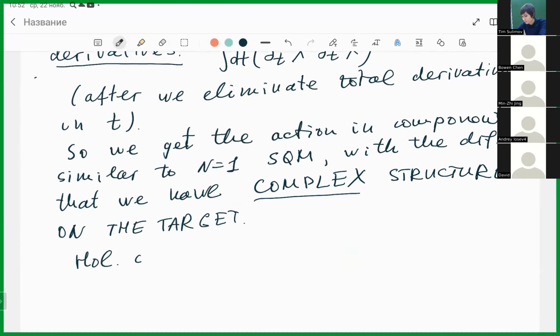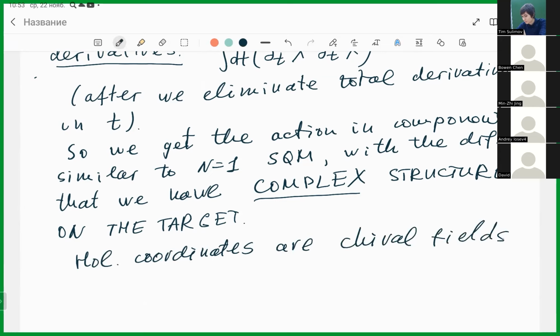Holomorphic coordinates are chiral fields, anti-holomorphic coordinates are anti-chiral.